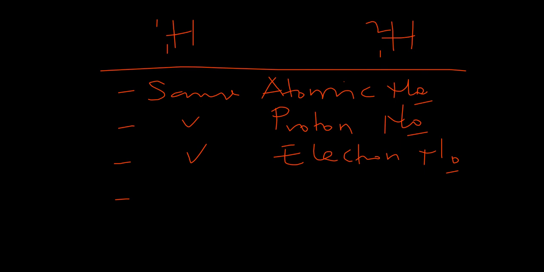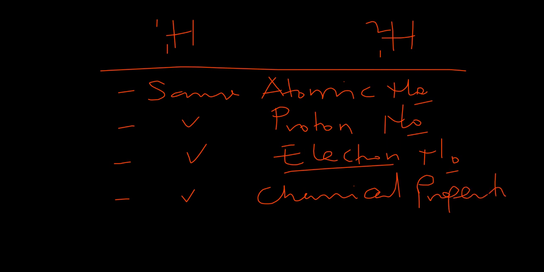Electrons determine the chemical properties of elements. So if these isotopes have the same number of electrons, it means they would also have the same chemical properties. We'll be looking at how electrons affect chemical properties in another video in the future. So just note this, it's very important. So that's what isotopes of the same elements have in common.